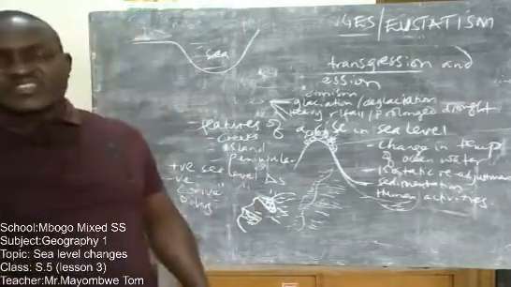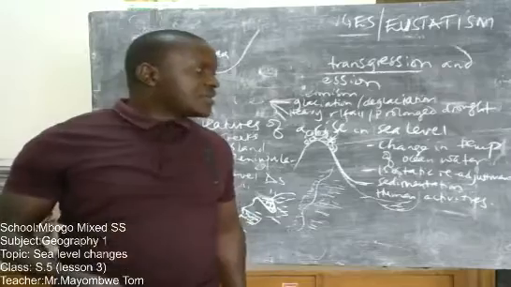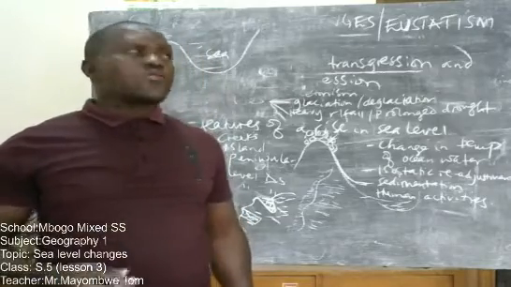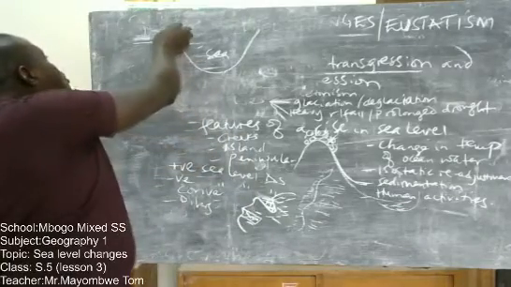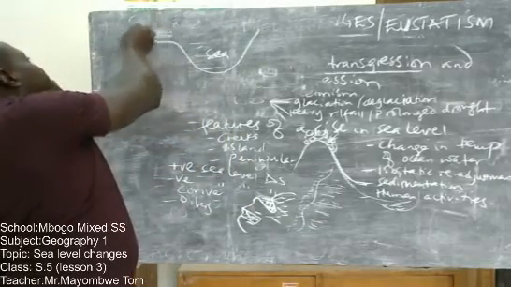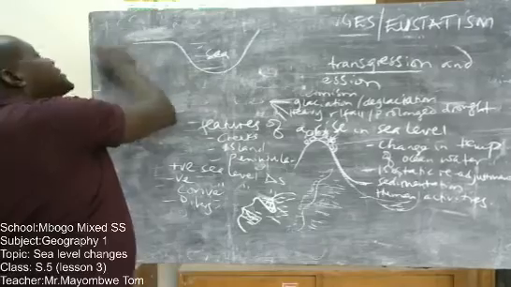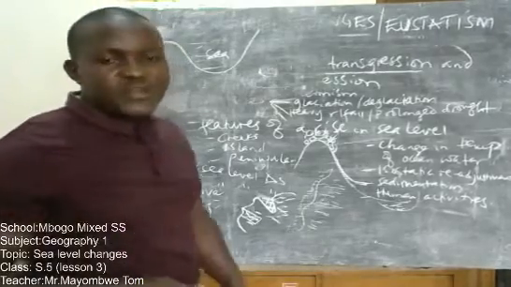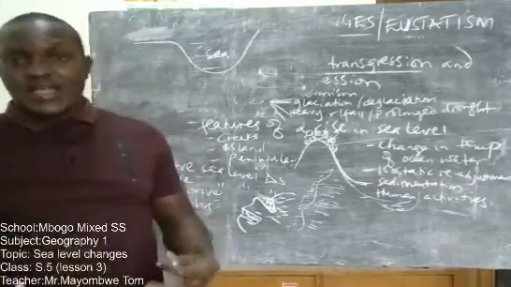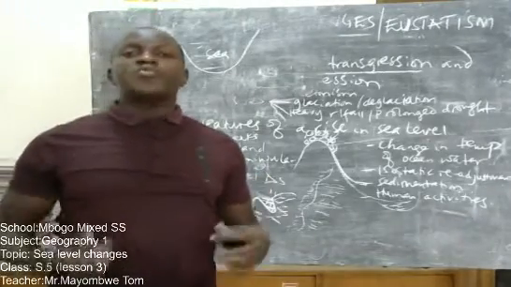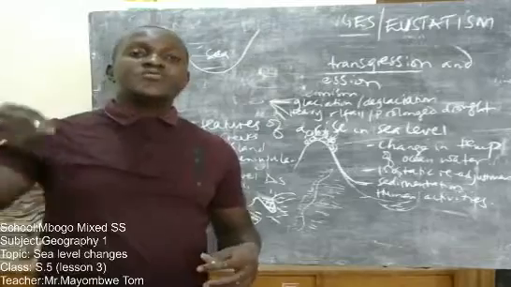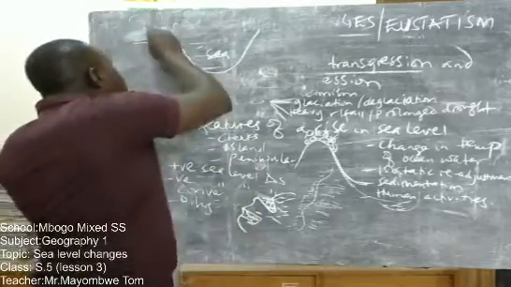Denudation processes like weathering and erosion may occur and then remove rock materials that may be resting over the land. When these rock materials are removed, the pressure which they have been exerting on the land is going to reduce.